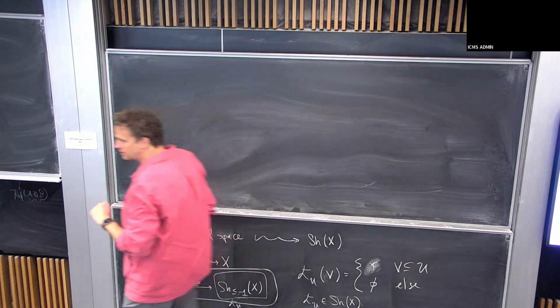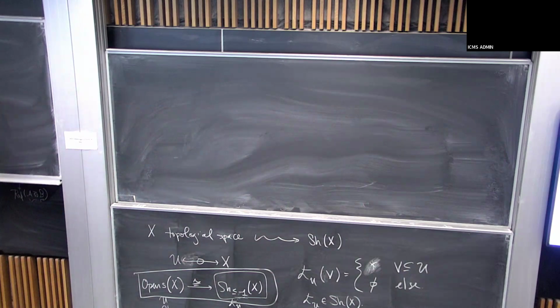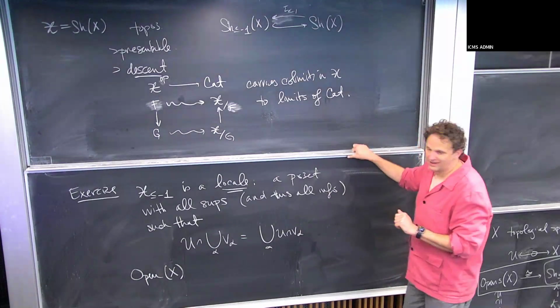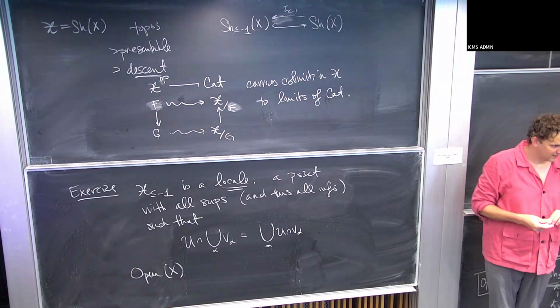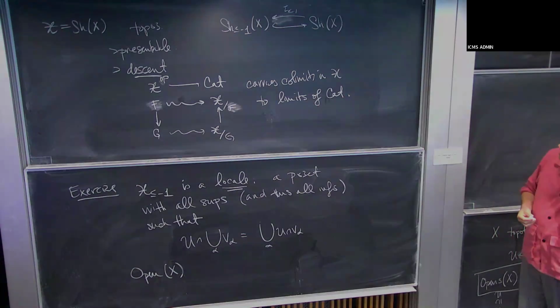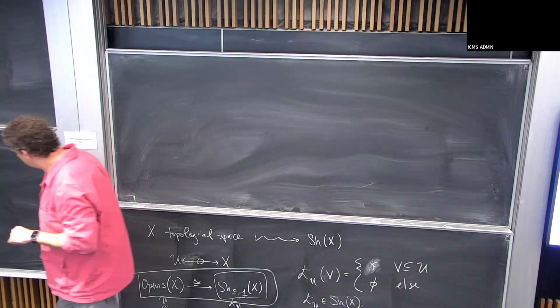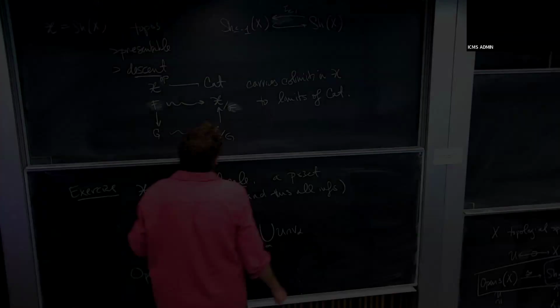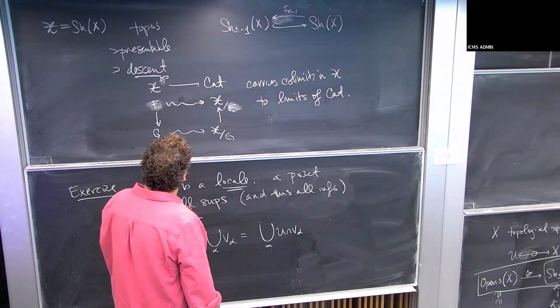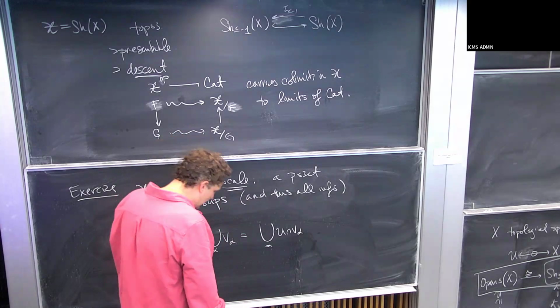Is it okay to explain what the truncation map is? Sheaves to -1 truncation. Yes.